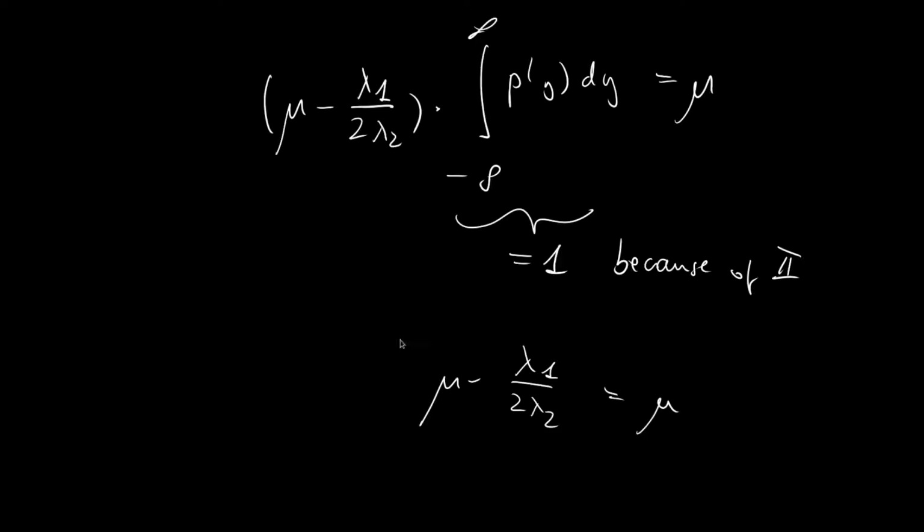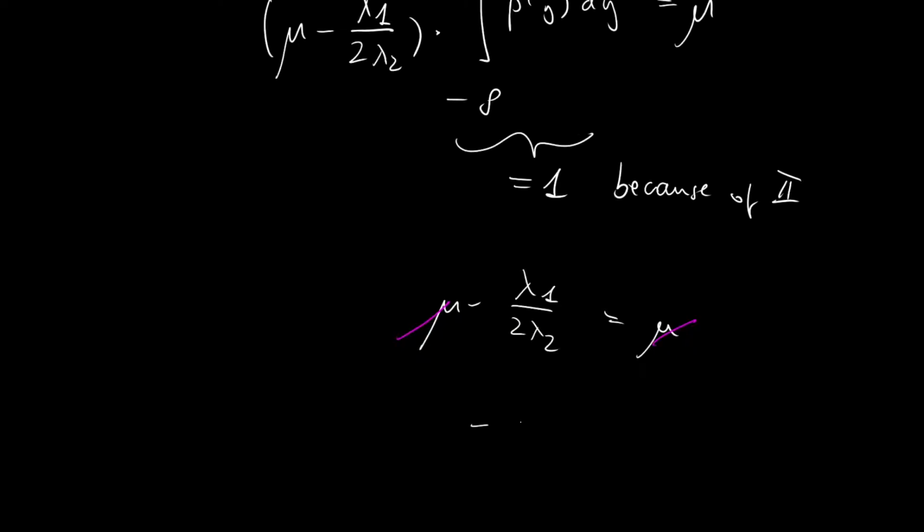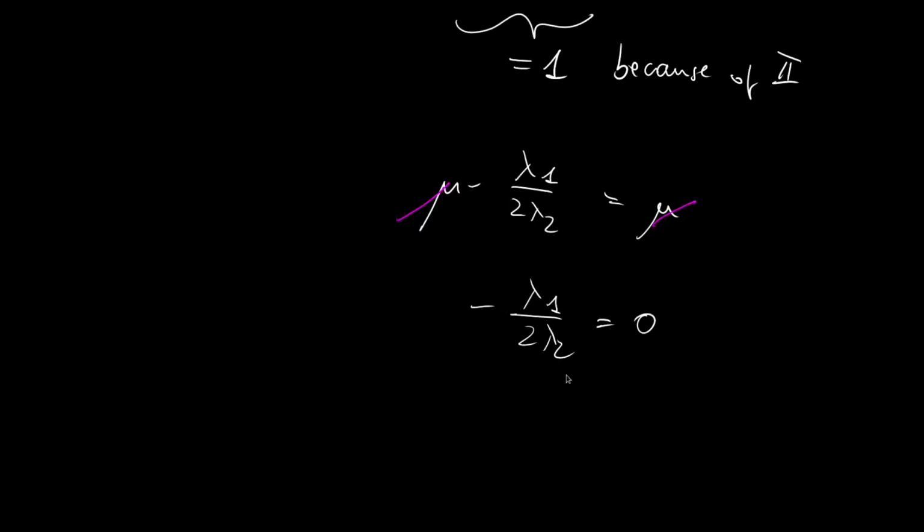Then, well, mu cancels. We have minus lambda 1 over 2 lambda 2 is equal to 0. Then we can multiply by 2 lambda 2, but you already see where I'm heading. Lambda 1 is 0. And that is the first solution that we have to our optimization problem. Congratulations, it has been a long journey so far, but there's more to come.